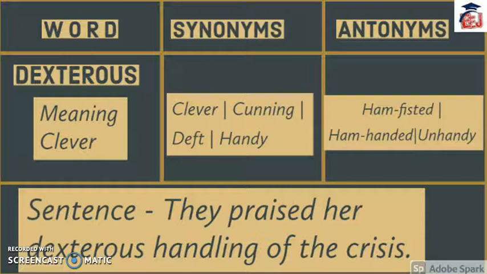I want to quote this example like this. Many people handle this lockdown situation in a dexterous way. That means in a clever way. So there are some people who manage this lockdown period very nicely in a very clever way. So the meaning of dexterous is clever.